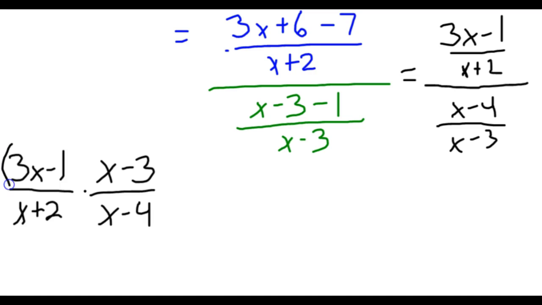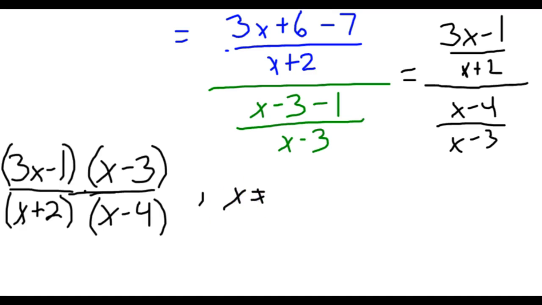So again, here at this point, we would try to look and see if there's anything in the numerator and denominator that would cancel out, because in this case, there really isn't anything that cancels out, but there is something we have to add in terms of our domain. X cannot be equal to 3.